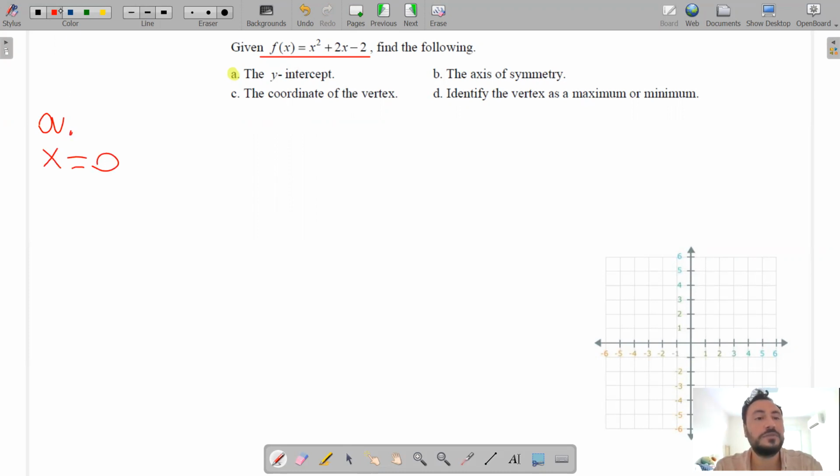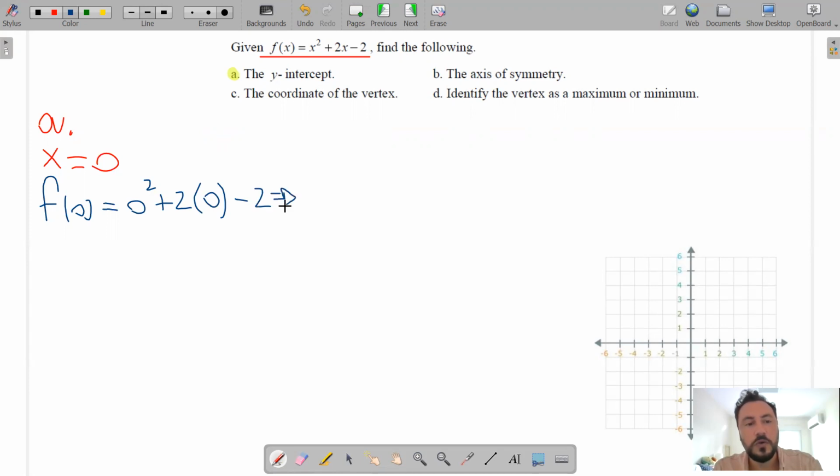So if x is equal to 0, when I plug it into my function, I will have 0 to the power 2 plus 2 multiplied by 0 minus 2. So my y-intercept will have a y point that is -2.